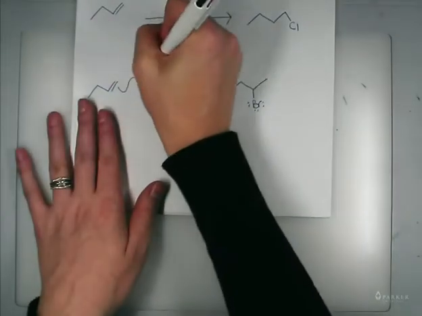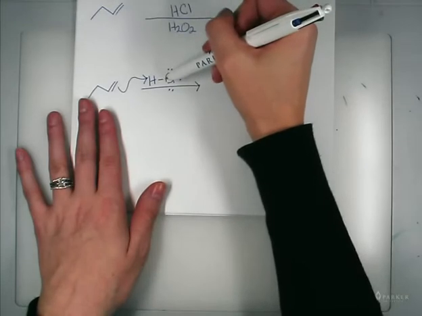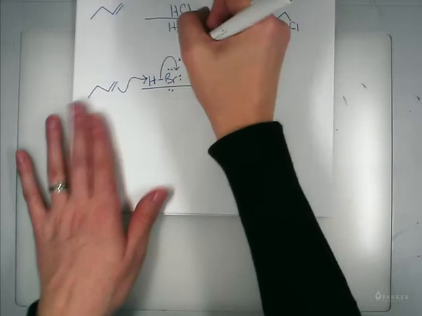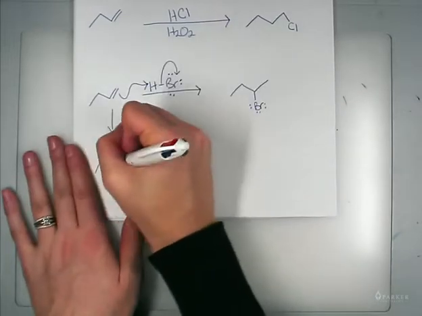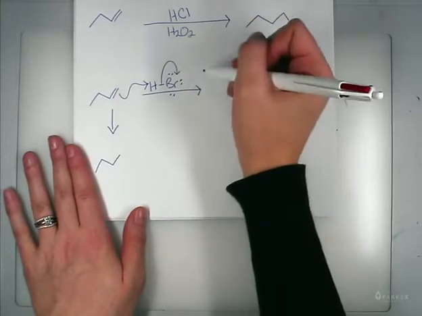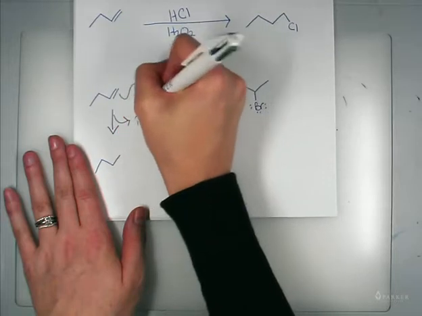Yeah, the double bond will grab the hydrogen. What happens to this bond here? Where does it go? To the bromine. So bromine will leave with what charge? Negative.